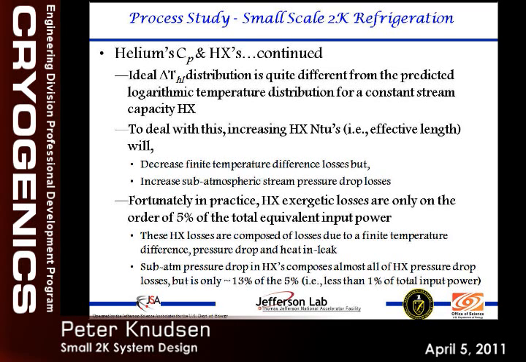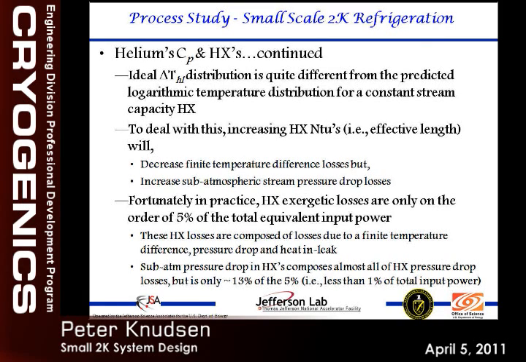So, as I mentioned, the ideal temperature difference distribution in the heat exchanger is in actuality quite different than what we would like it to be. It's actually a logarithmic distribution. To deal with this, we need longer heat exchangers, and that longer heat exchanger allows us to get to a lower temperature difference, but it also increases the pressure drop as well.